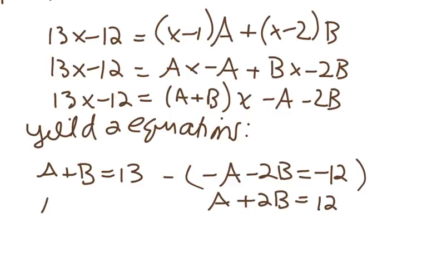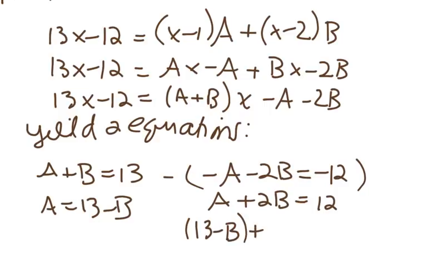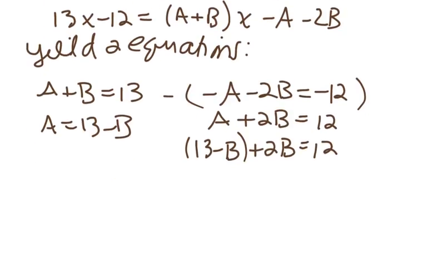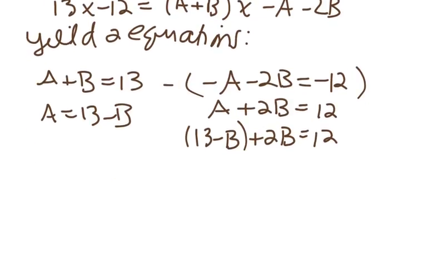Solving for A, it's 13 minus B. Substituting that into the equation, I get 13 minus B plus 2B equals 12. Solving that, you get that B is equal to minus 1. Therefore, A is equal to 14.